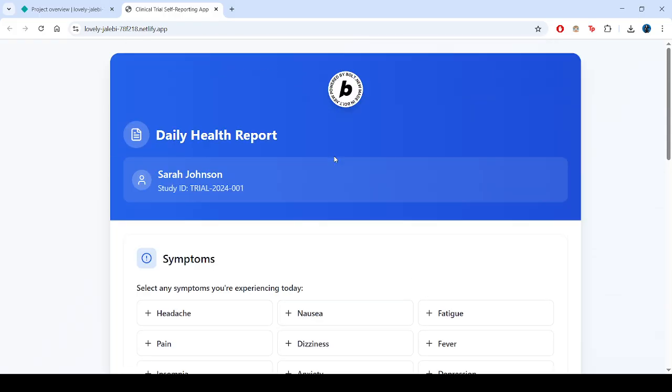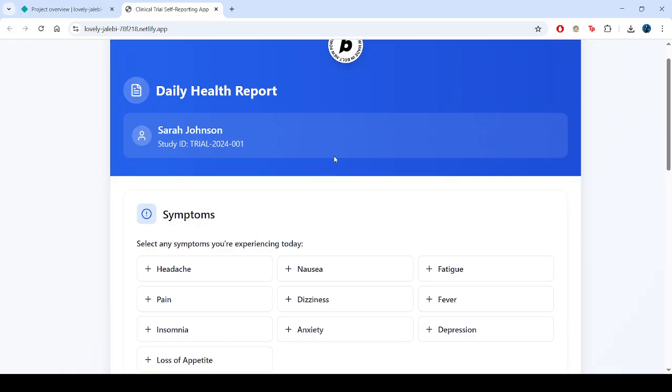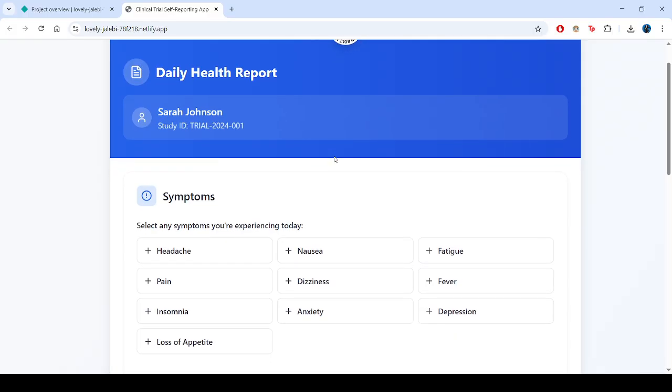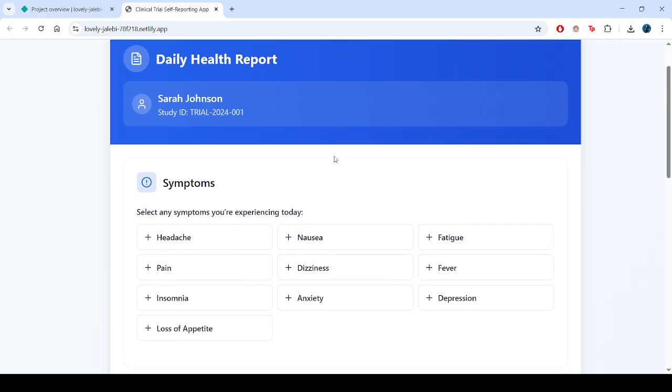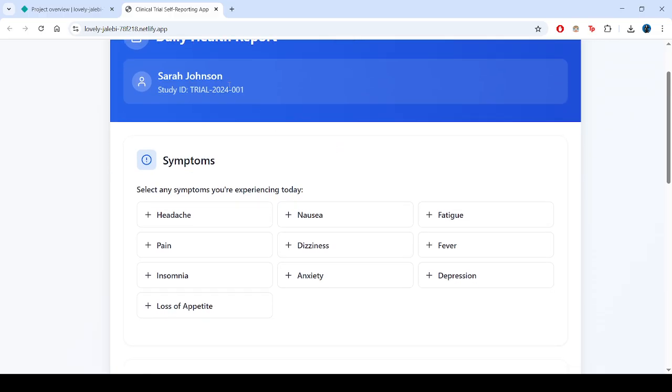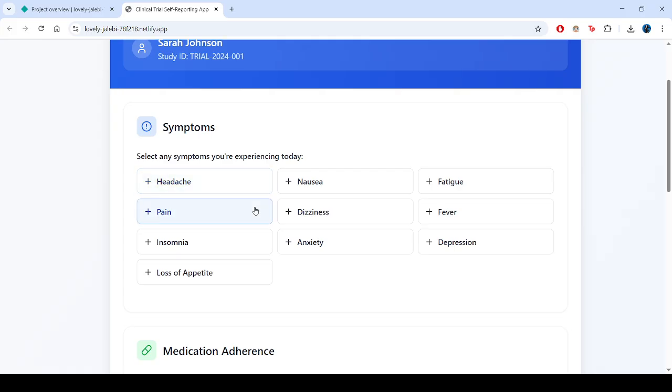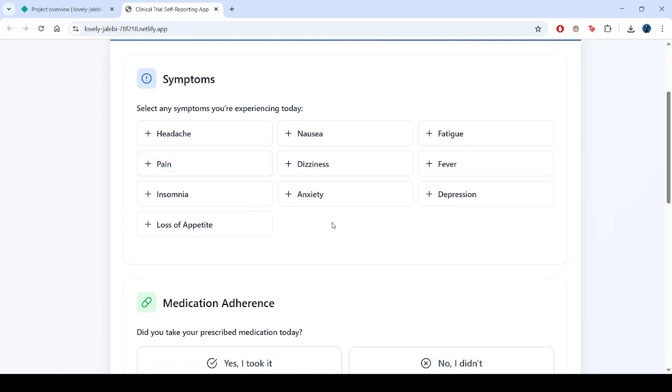For this, I have created a simple form which does not currently have authentication. It contains some details of the patient and then the symptoms in detail, so if the patient is feeling these symptoms, he or she can report them.